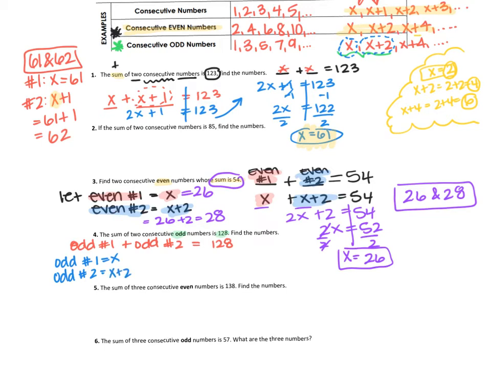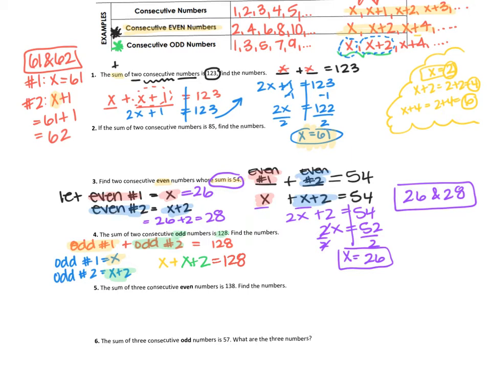So if I substitute these values in, where it says odd number 1 in our equation, I'm going to replace that with x. So it'd be x plus, and where odd number 2 is, I'm going to put x plus 2. And then I know these have to equal 128.